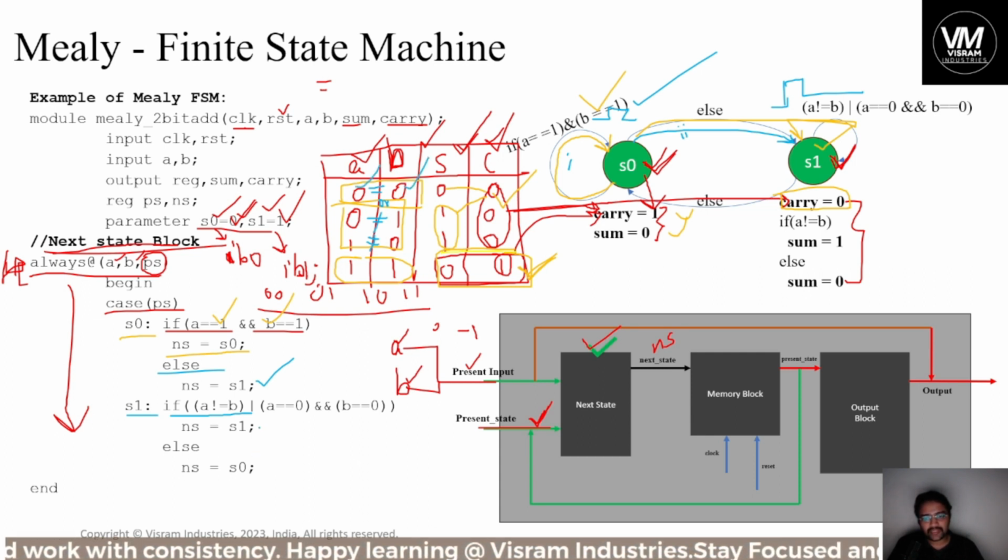What are we getting, guys? NS is equal to S1. So next state can be S1. This is third.